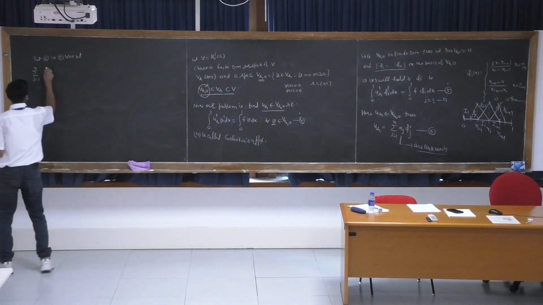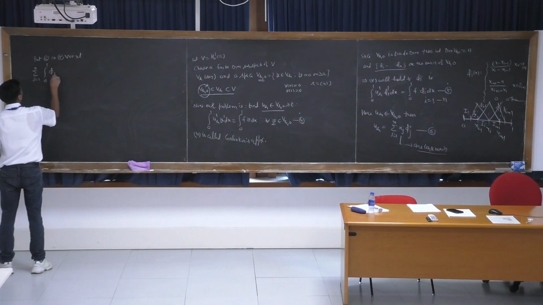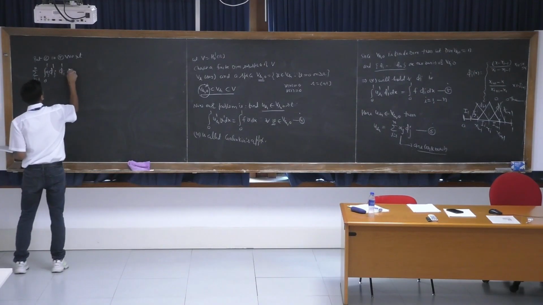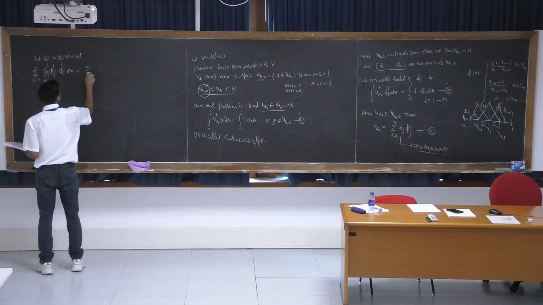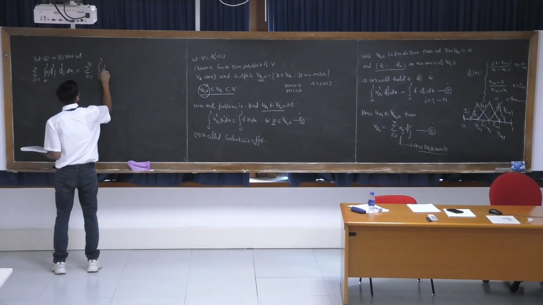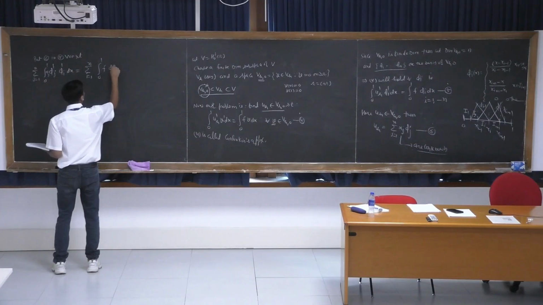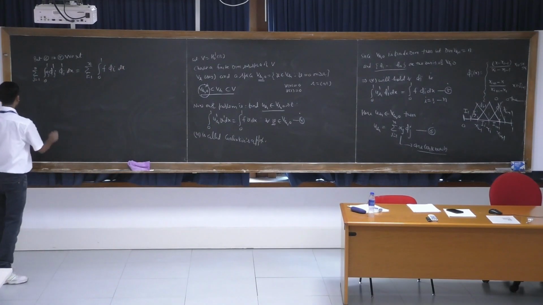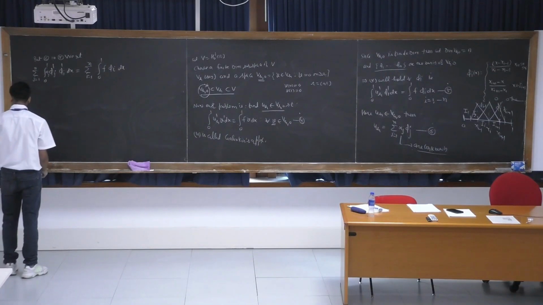So integral 0 to 1 phi_j dash alpha_j and phi_i dash dx is equal to summation i equal to 1 to n integral 0 to 1 f phi_i dx.